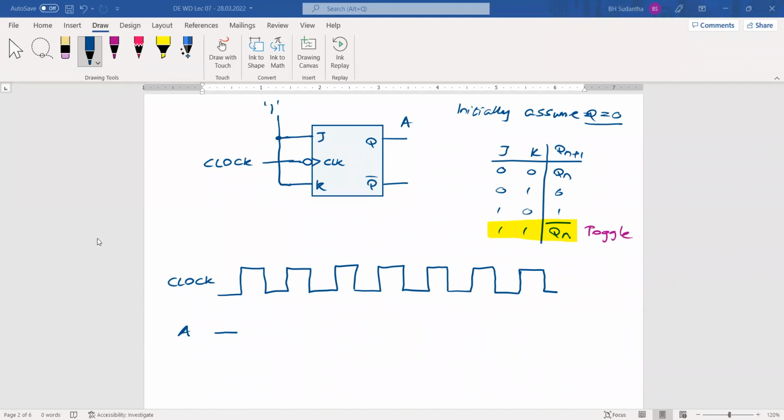Sorry, I was muted. First, you have to determine what type of triggering method this flip-flop has. After identifying the triggering method, you can identify the responsible part of the clock pulse to change the output, to trigger the flip-flop. What is the triggering method of this one?